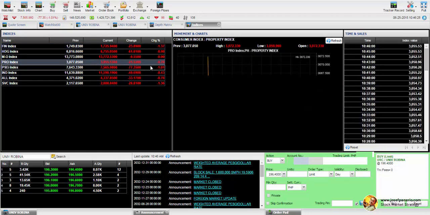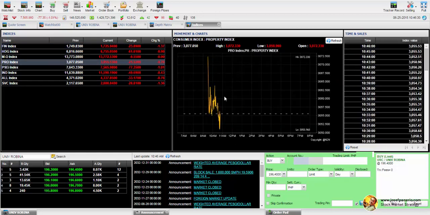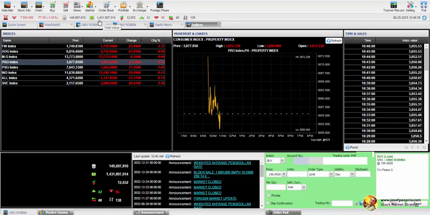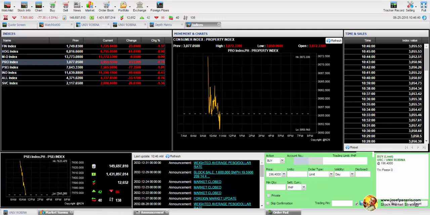And this side here is what we call the intraday chart. And let's say if you go to the market summary, it will be displayed here. This is the index. So far we have 42 advances and 40 unchanged, and we have 86 declines.